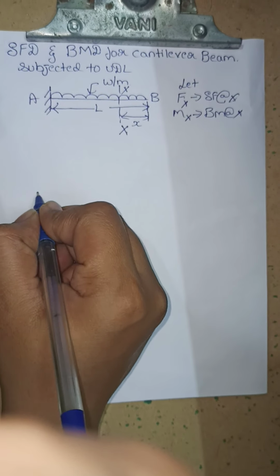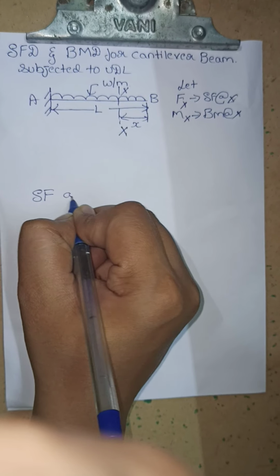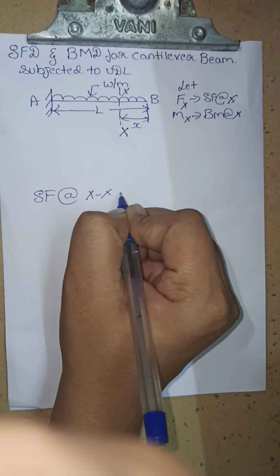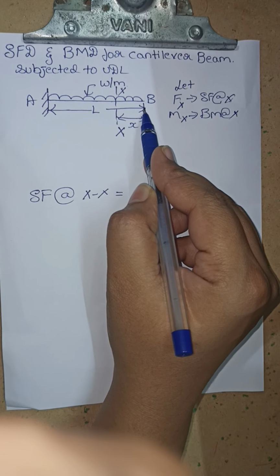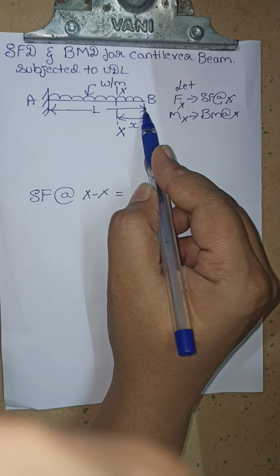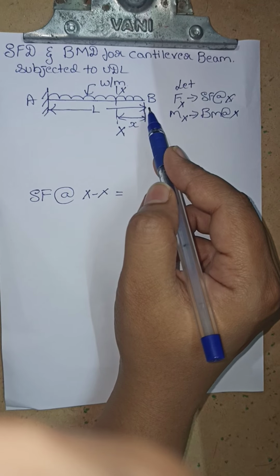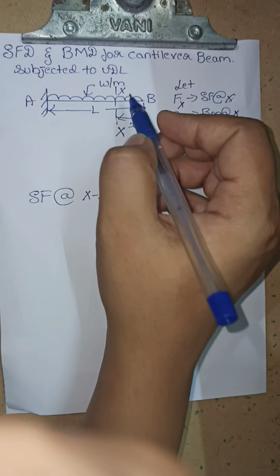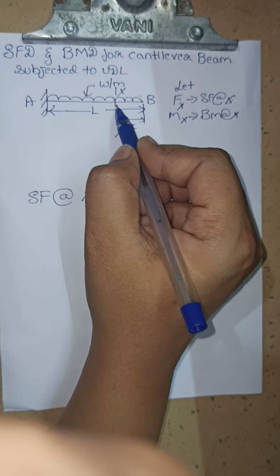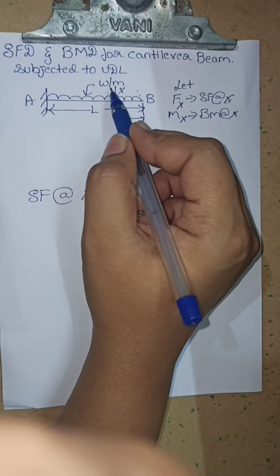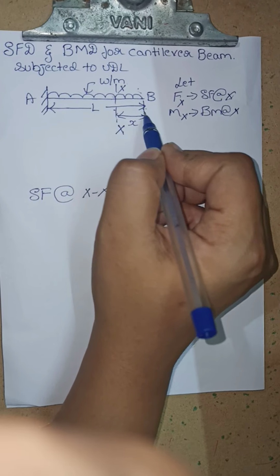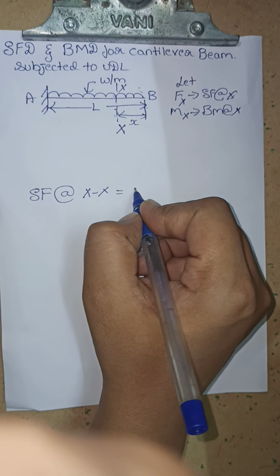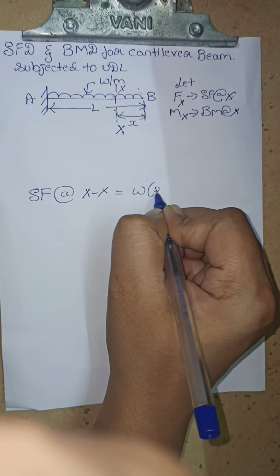Means if I want to find the shear force at section XX from the right hand side, that is from point B, it is nothing but the load acting here, where W is the magnitude of the load. So for the length x, it is nothing but W into x.